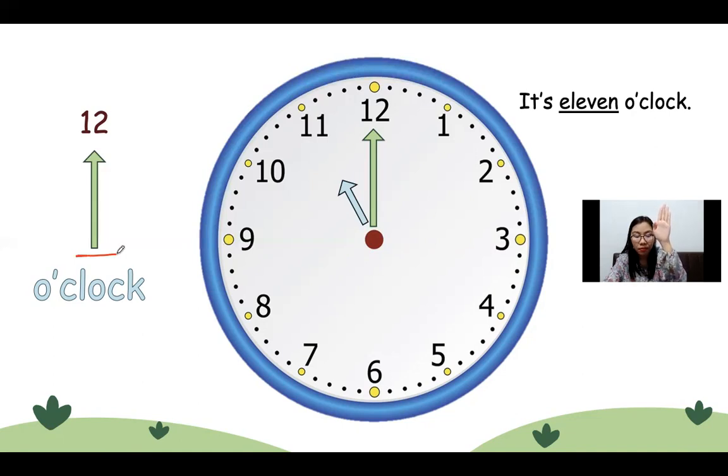Just remember the long hand and the short hand. If the short hand points, say the short hand first and then the long hand. What is this? Chumong and then nati. But if the long hand points at 12, we say o'clock. So let's try.